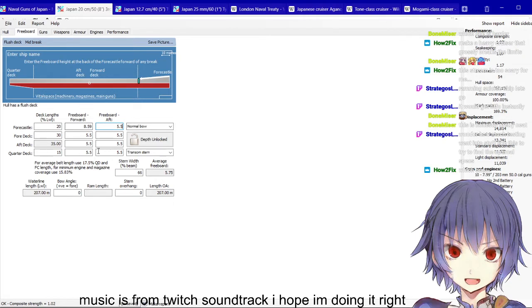So this gave us some more of that much needed comp strength. We're gonna go 6.9. We're gonna go for the funny number, boys. Nice round 211 meters overall.